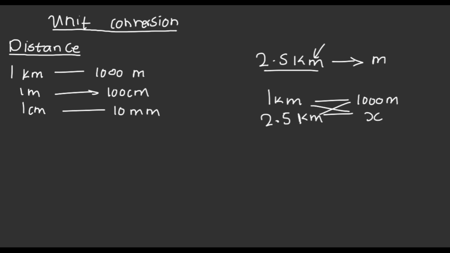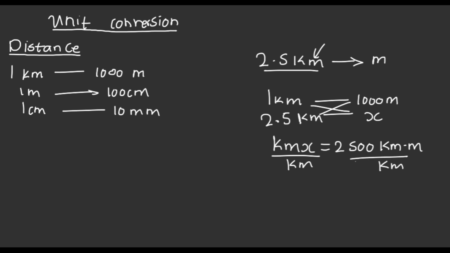So 1 kilometer times x gives us kilometers x, which is equal to 2.5 times 1000, which gives us 2500 kilometers meters. We divide by kilometers on both sides, then x is equal to 2500 meters.